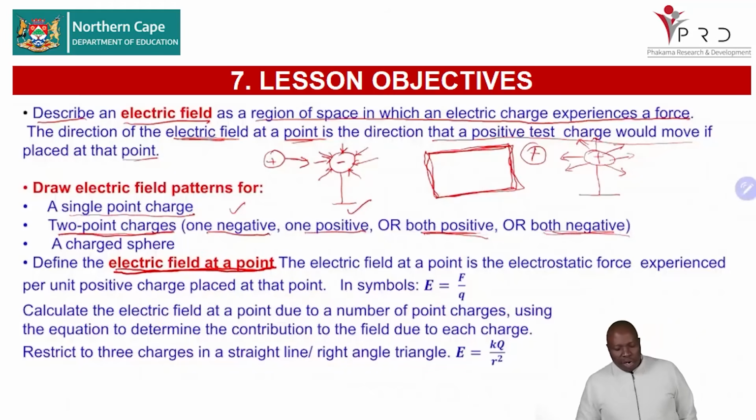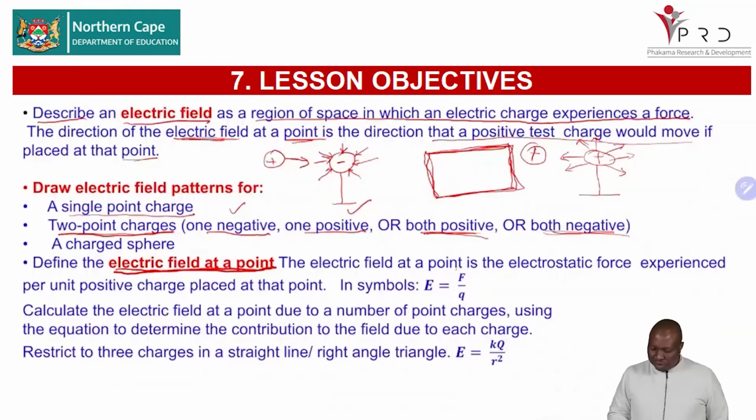And we are saying you define it as: the electric field at a point is the electrostatic force experienced per unit positive charge placed at that point. So here it is, your definition. It is the electrostatic force experienced per unit positive charge placed at that point.